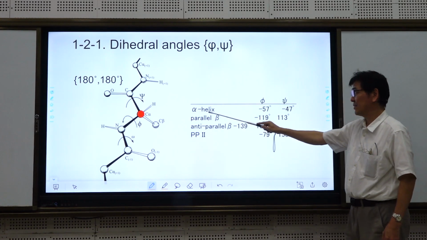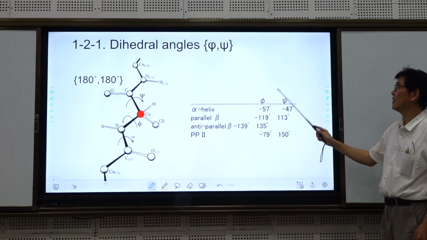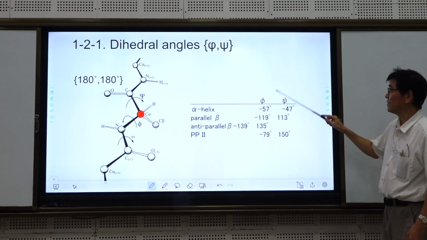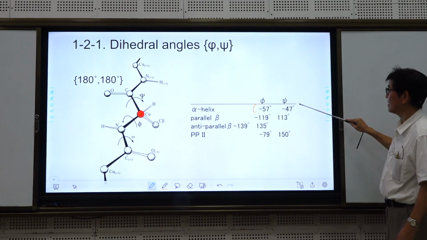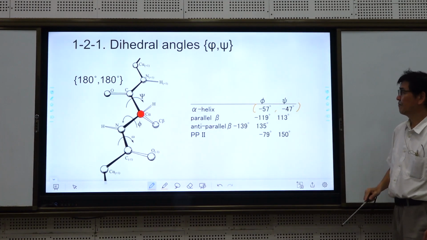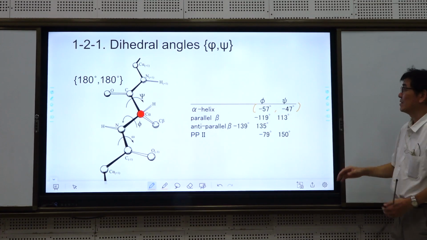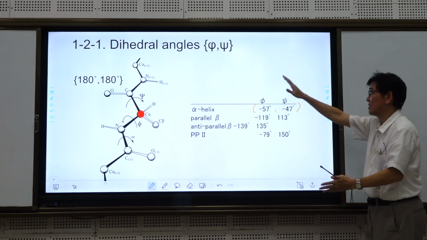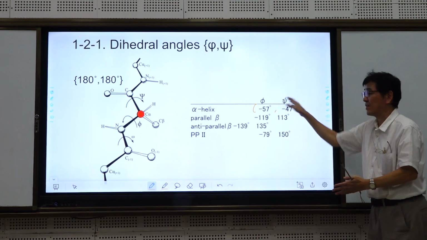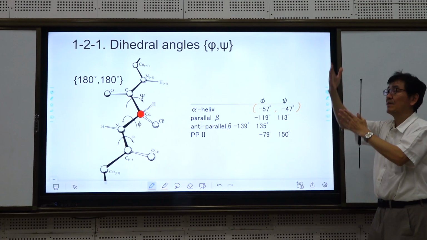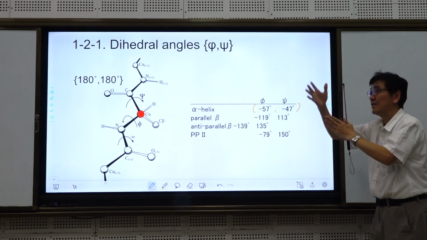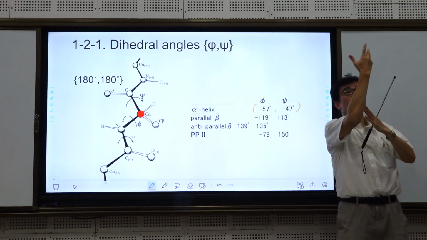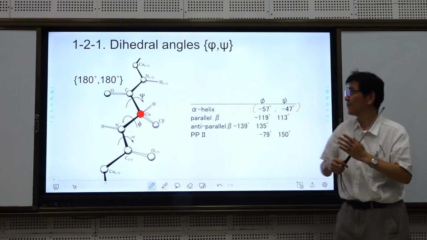In the case of the alpha helix structure, phi and psi are nearly these values. If the dihedral angle or rotational angle of the peptide plane is fixed to these angles, and the main chain is accumulated, then it is an alpha helix structure.